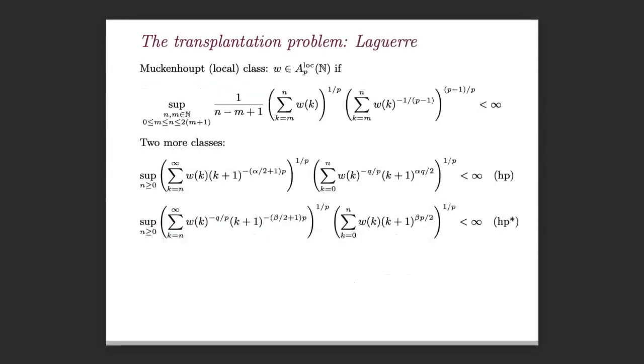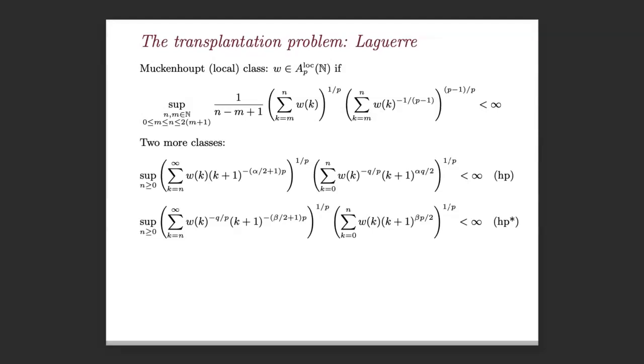Well, regarding the transplantation problems for Laguerre functions, we need to introduce a discrete Muckenhoupt local class of weights with the usual modification for p equals 1, which we omit because we will not use it.